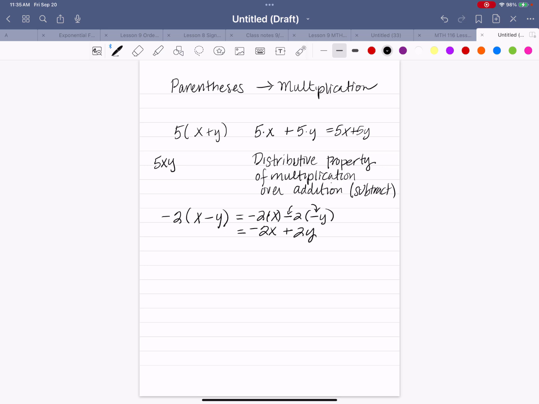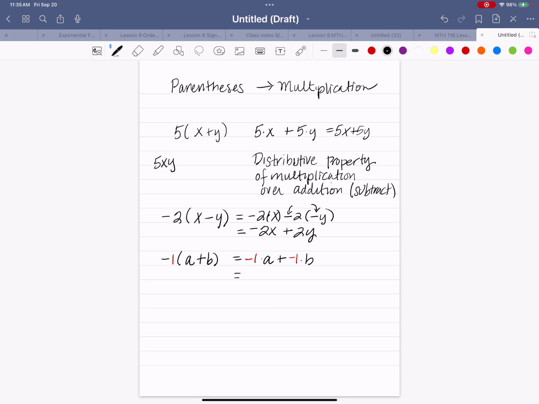Now, I might have just a minus sign on the outside of parentheses. Well, what we have to know is that that's an understood minus 1. So this would be a minus 1 times a plus a minus 1 times b.